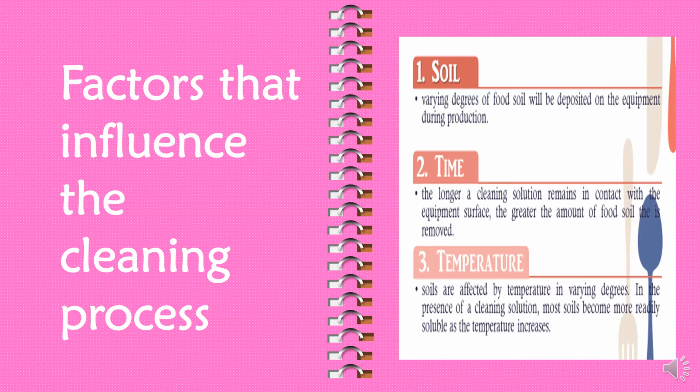Cleaning is done with a cleaning agent that removes food, soil, or other substances. Always remember that the right cleaning agent must be selected because not all types of cleaning agents can be used on food contact surfaces. The following are the factors that influence the cleaning process.